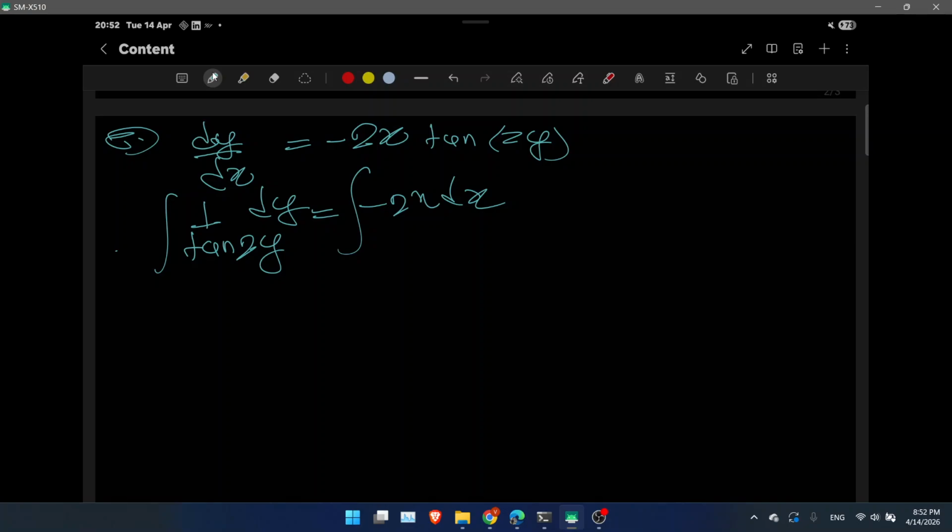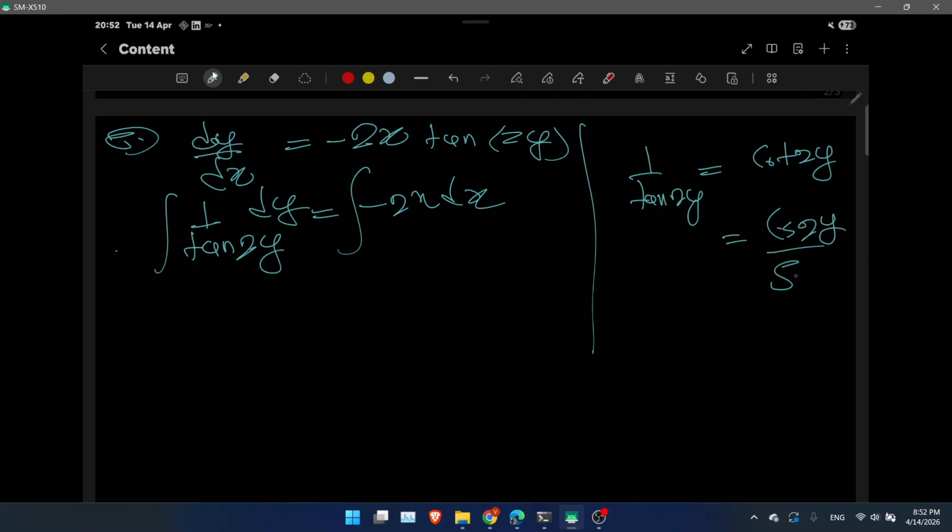In these tan and cot integrations, it is really easy, because 1 over tan 2y is just cot 2y, and we can write cot 2y like cos 2y over sin 2y. Earlier I told you about the differentiation of the denominator.